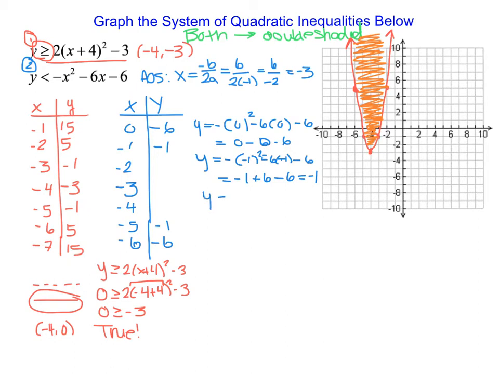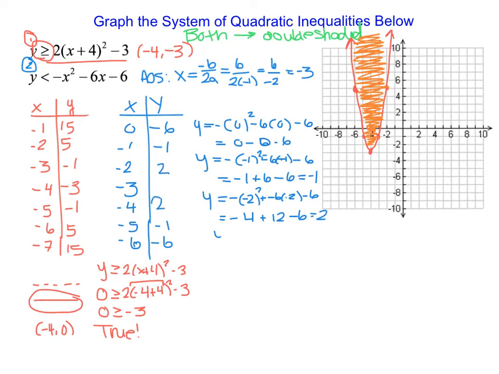So then I have y equals negative 2 squared plus negative 6 times negative 2 minus 6. So that becomes negative 2 squared is 4 times the negative out in front is negative 4 plus negative 6 times negative 2 is 12 minus 6. So that gives me 2.